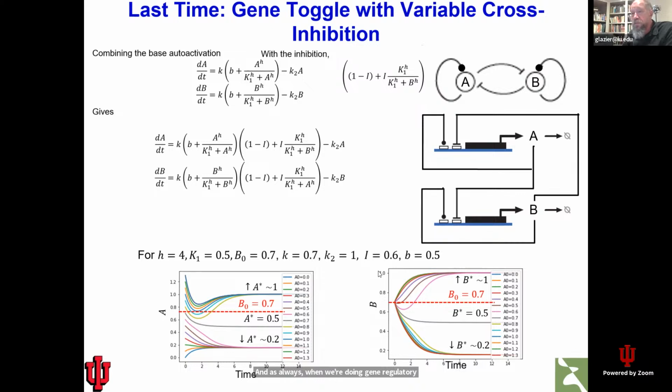And this has the simple result that if we start with initial values of A and B, if A initial is bigger than B initial, we go to a high value of A and a low value of B. If A initial is less than B initial, we go to a low value of A and a high value of B. If A and B start out equal, they stay equal, and we're on an unstable fixed point.